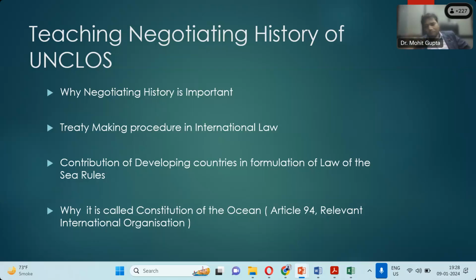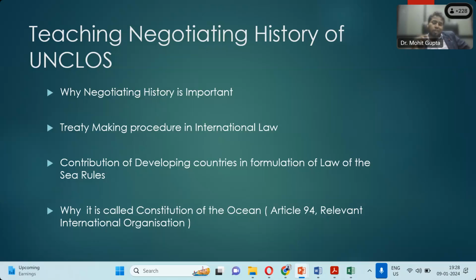Now, this is something which is true for international law as well. Why should we know about the negotiating history of a treaty? The benefit lies in, we can see the Vienna Convention on the Law of Treaties. Article 32 regards negotiating history as a supplementary tool of treaty interpretation.